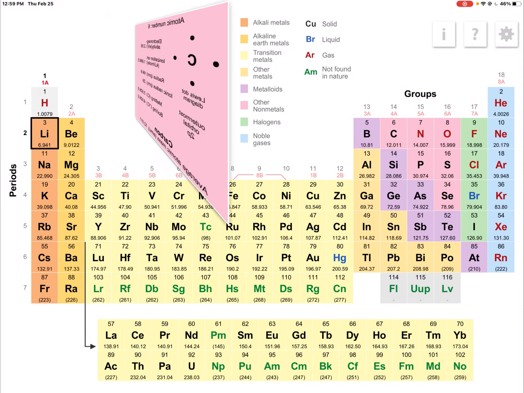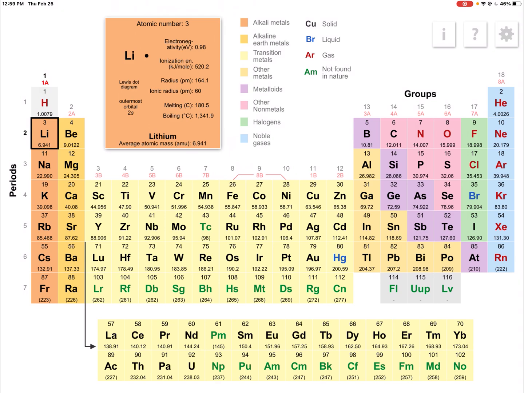1 mole of lithium weighs 6.94 grams per mole. Actually, if you talk about lithium atoms, it's really 6.94 atomic mass units. But to make things easier, we just say grams. 1 mole of sodium would weigh 22.99 grams. If we're talking about a compound, we have to add up the individual masses.